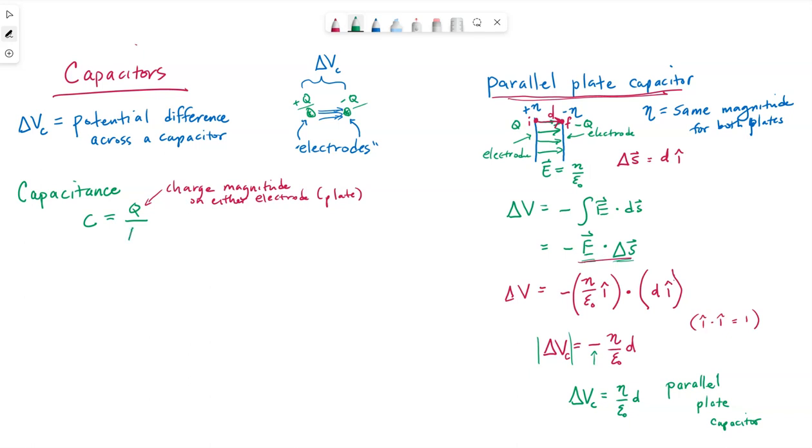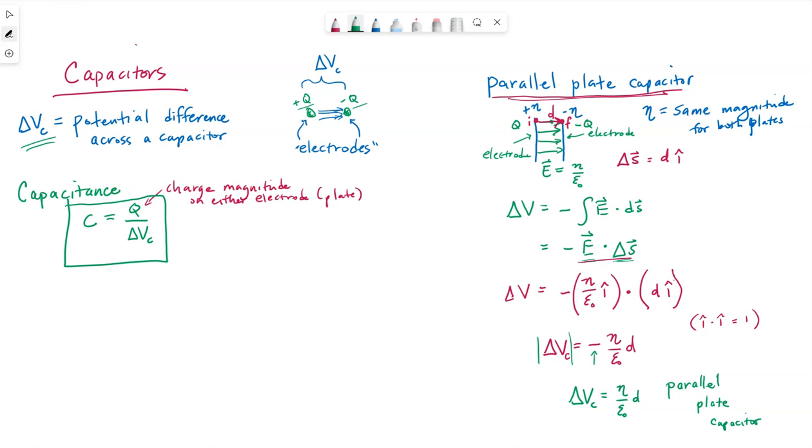We also find, as far as the definition of capacitance and its ability to store charge, that this capacitance is equal to the charge over this potential difference, delta V, that we've already been talking about. This is a very fundamental basic equation for capacitors.